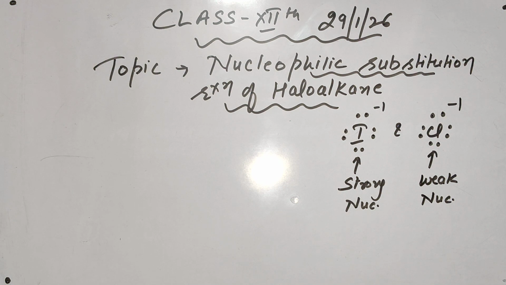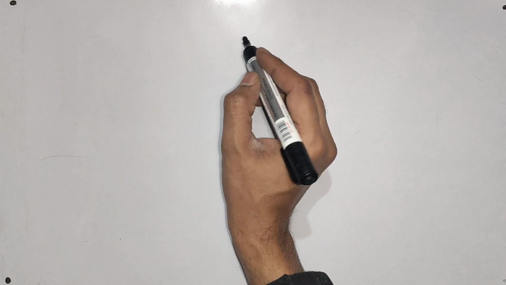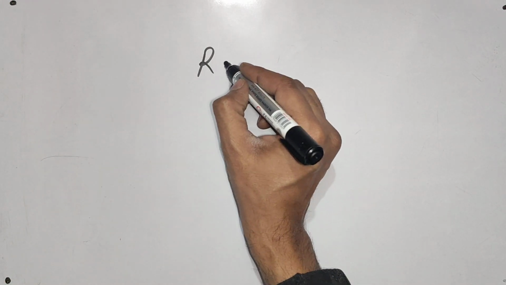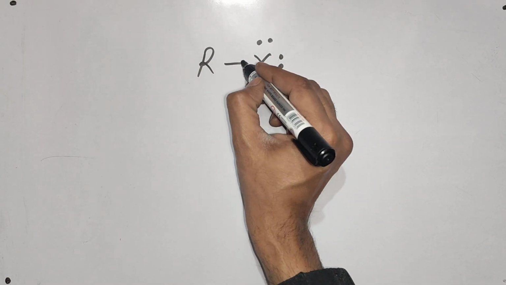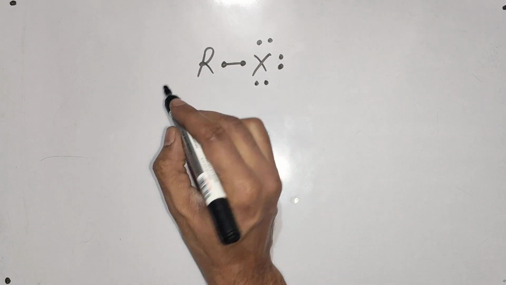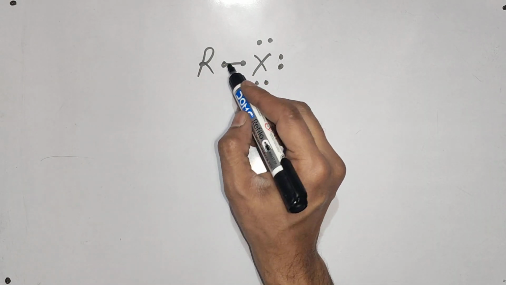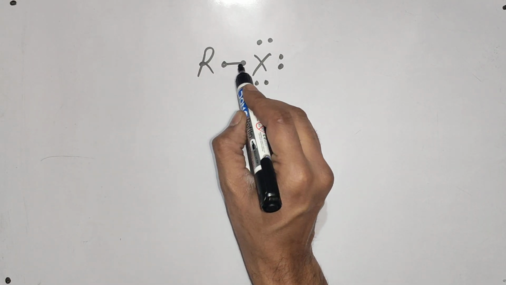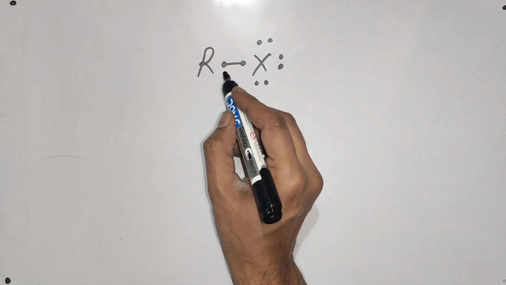Now let's check how nucleophilic substitution reactions happen in haloalkanes. To understand the concept, first we need to understand who is the nucleophile in a haloalkane. Haloalkanes are represented by RX, general formula RX. R is the alkane part, the hydrocarbon chain, and X represents the halogen. R and X are connected through a sigma bond. We know X's electronegativity is more than R, meaning carbon.